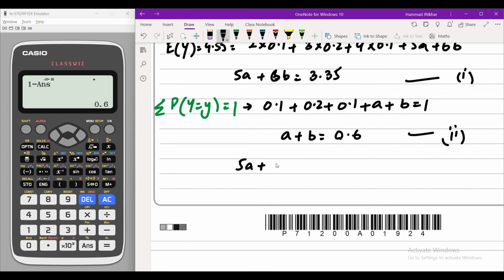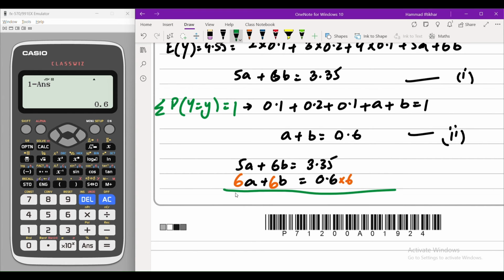Now that we have these, let's find out what a and b are. So 5a plus 6b is equal to 3.35, and a plus b is equal to 0.6. If I multiply the second equation by 6, I can find out at least one of them.